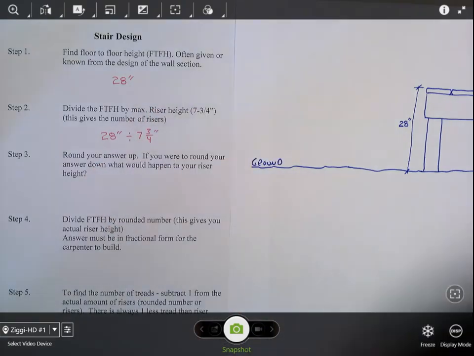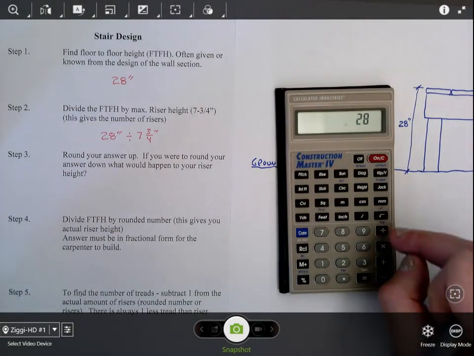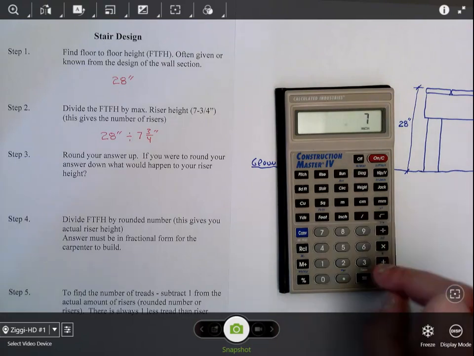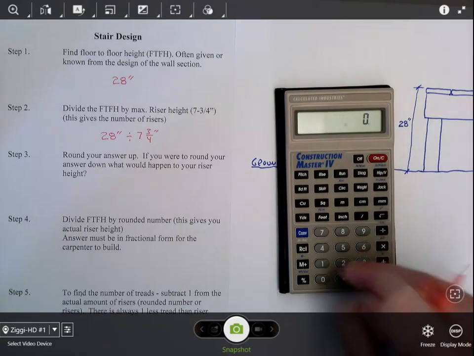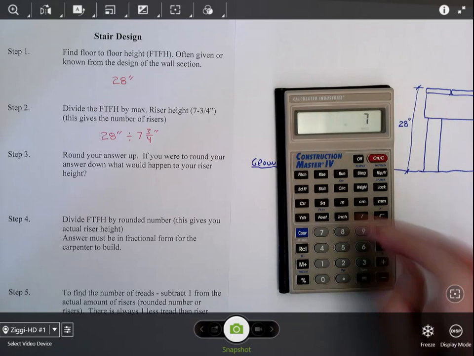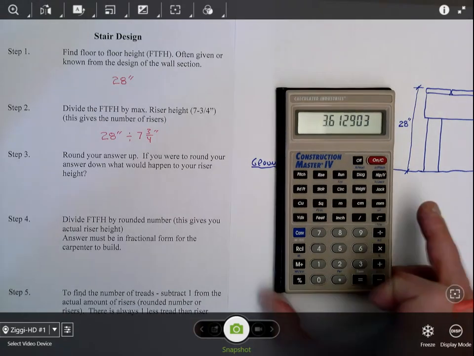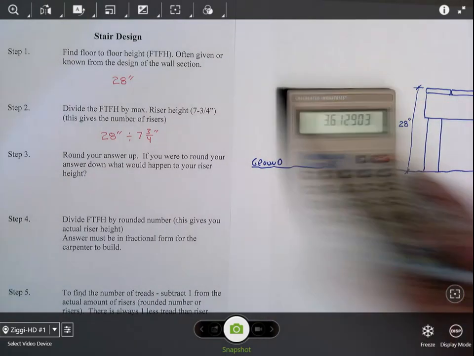If we use our construction calculator to do this, typing in 28 divided by 7 inch 3/4 gives us an error. So we have to do 28 inches divided by 7 inch 3/4. The units cancel out whenever we do that, and we end up with 3.61 for the answer.